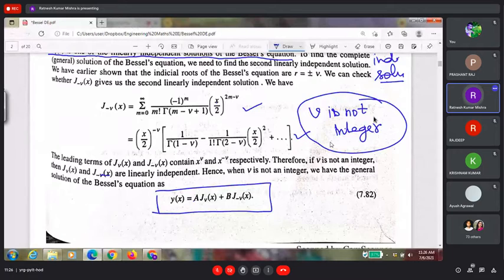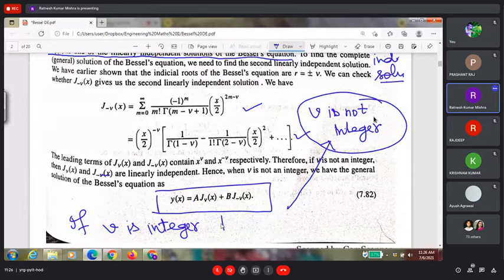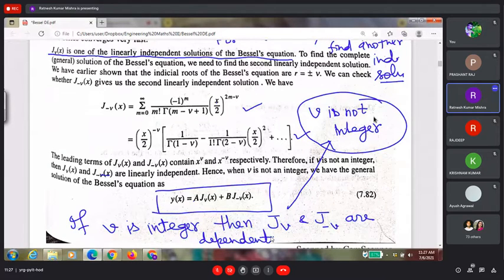So here the main important thing is that v is not integer. If v is integer, then Jv and J minus v are dependent. So up to here, any doubt, any question?